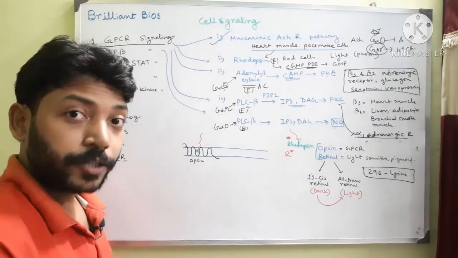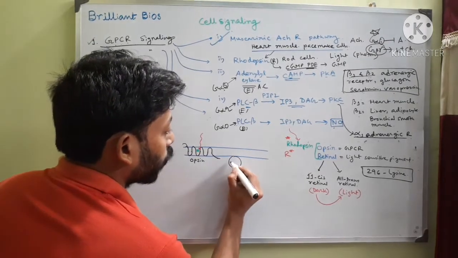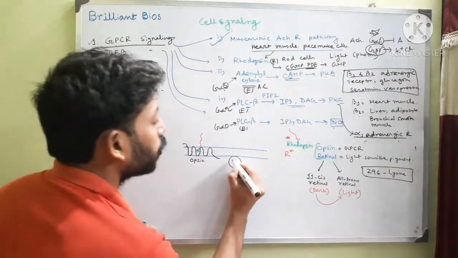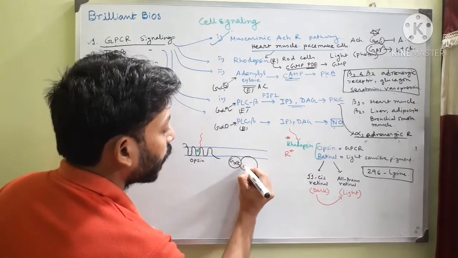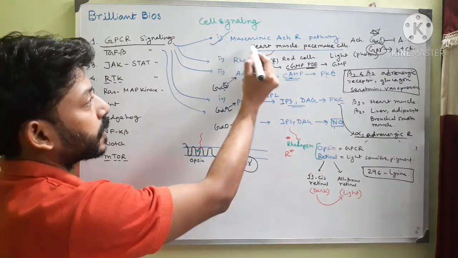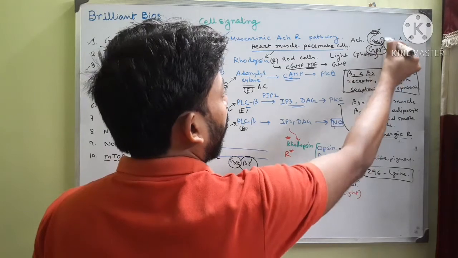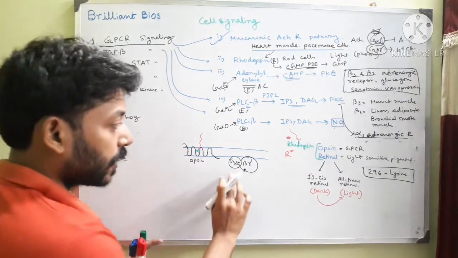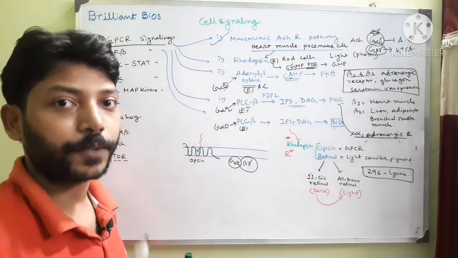When there is darkness, the G protein that helps in this signal transduction, called G alpha T, associates with beta and gamma, as in other cases. Like in my muscarinic acetylcholine receptor pathway, where I mentioned G alpha I. This is a trimeric protein. Here alpha, beta, gamma, 3 subunits are present.